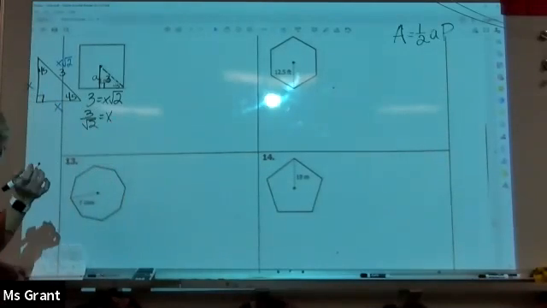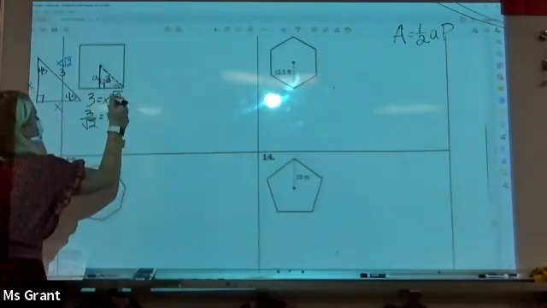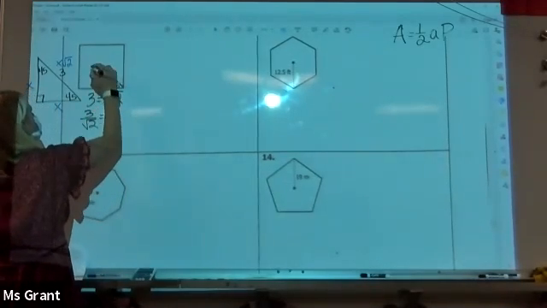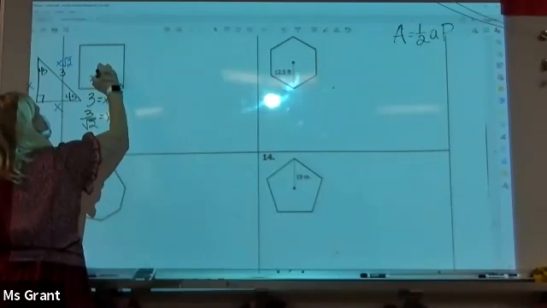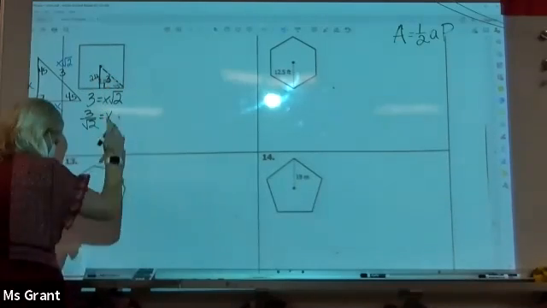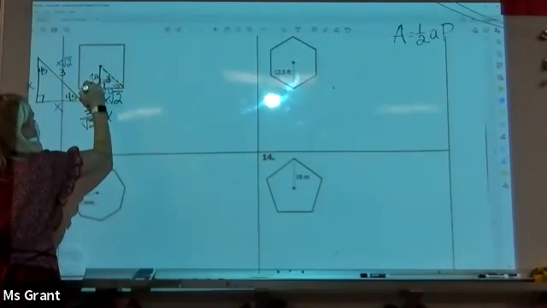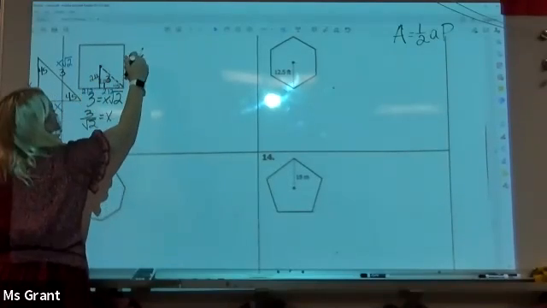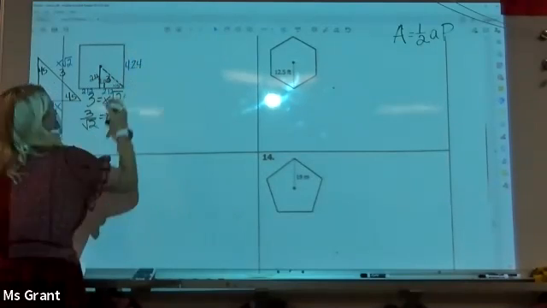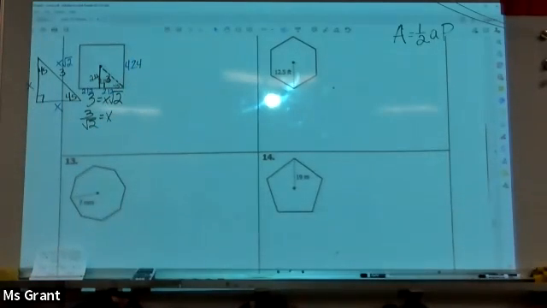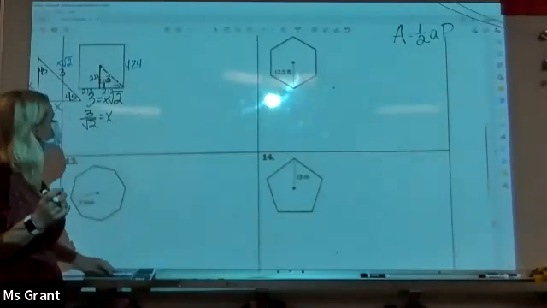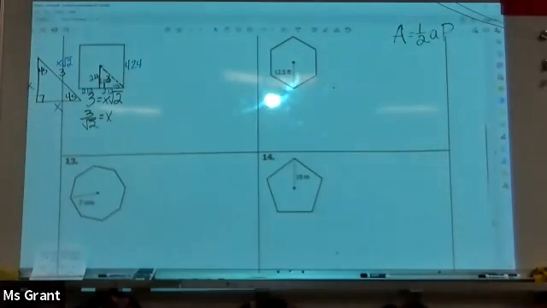Okay, so my A is 2.12. Which means that my side, I'll put it in blue because there's too much black going on, is 4.24, the side of my square, right? 2.12, 2.12, 4.24 would be the side of my square.